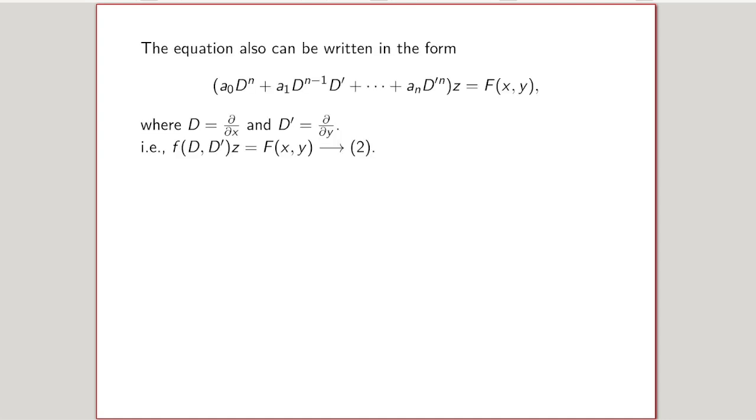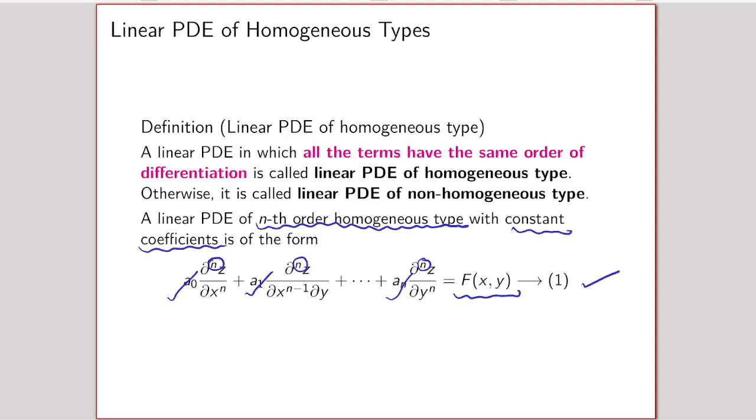Okay. Now we are going to represent this equation in a short form. I am going to name D as ∂/∂x and D dash as ∂/∂y. So ∂ⁿz/∂xⁿ can be represented as capital D to the power n, and here we have the (n-1)th order derivative in x, so it can be written as D to the power n-1, and the first order derivative in y is D dash, etc. Here it can be replaced as D dash to the power n.